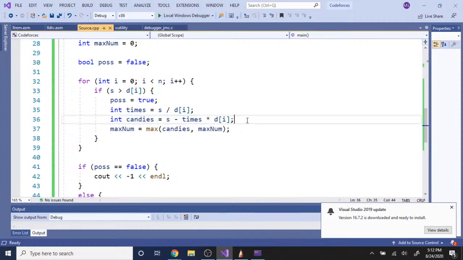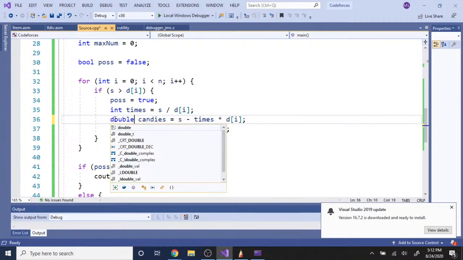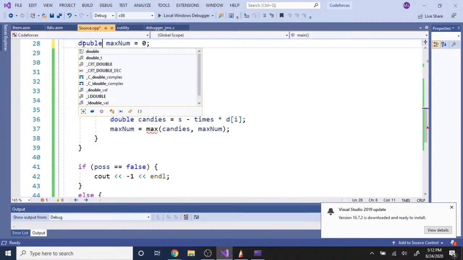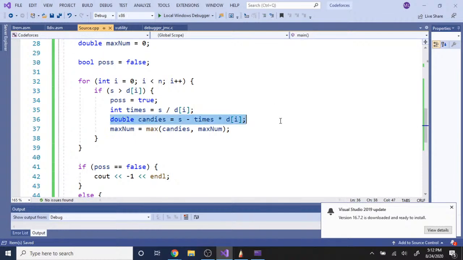Okay, so number of times you can do it, you multiply by the value. Then you take this. This should be a double. Now I need the. Okay. So this is the remainder, which is like, let's say it was like 2.10.